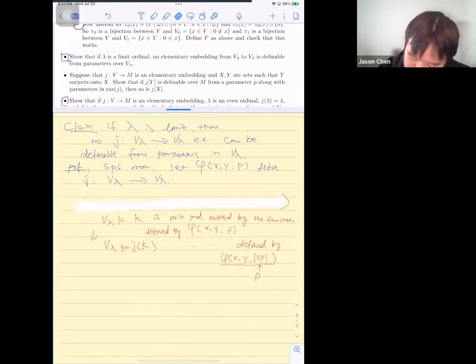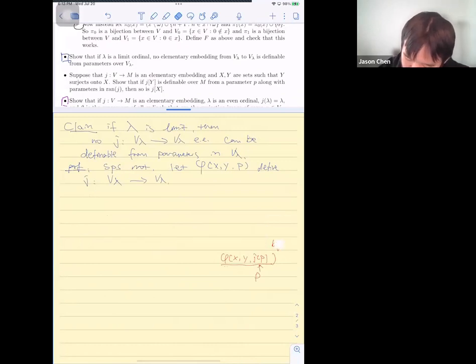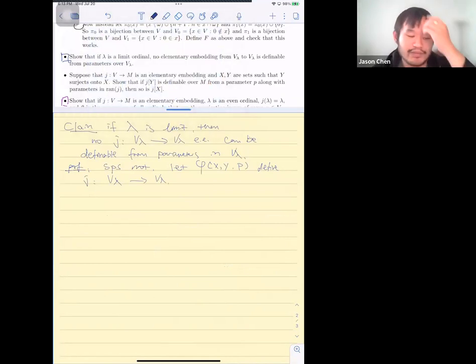But this gives an idea as to how we might go about this problem. The point is, you want to look for some property of P that is fixed by elementary embeddings, instead of arguing that the elementary embedding fixes P itself. So you want to say P has some property that may be easily definable, and that elementary embeddings are going to preserve this property.